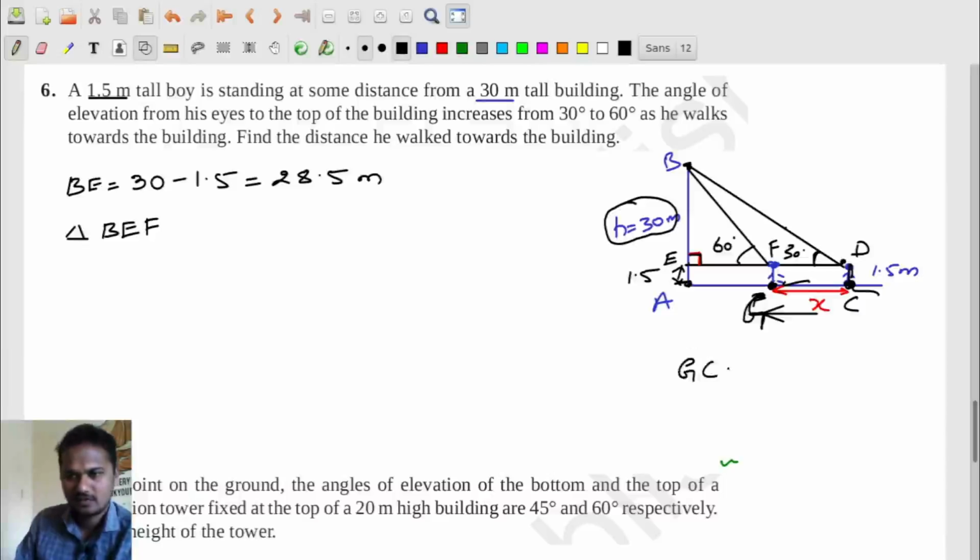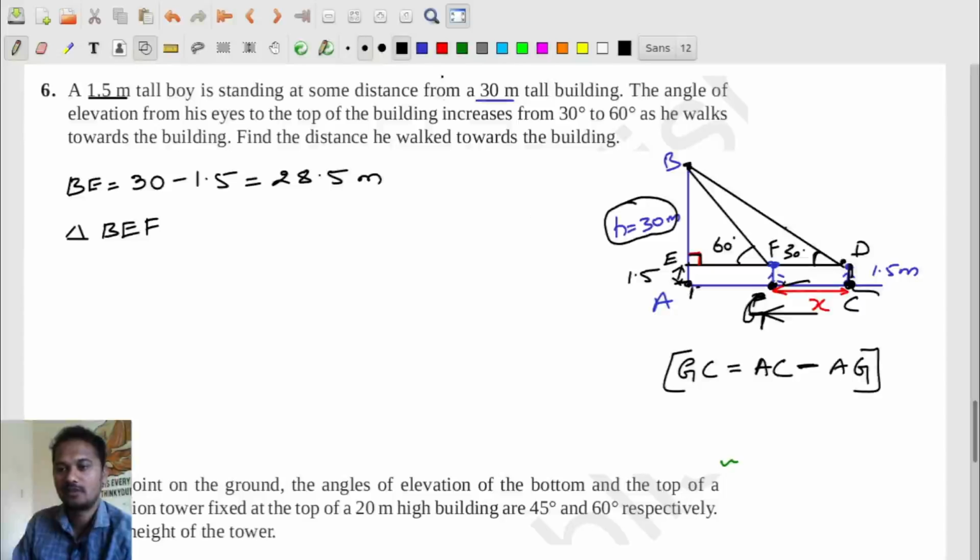To get GC or CG, first you need to find AC minus AG. Try to understand, this one is important. From this we will get the remaining part of the solution.